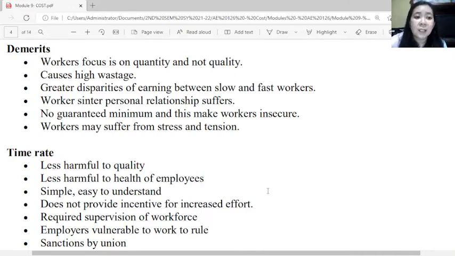Worker personal relationships will suffer because of the competition that may exist. There is no guaranteed minimum, and this makes workers insecure. Workers may suffer from stress and tension. So those are the setbacks or disadvantages of this type of wage plan, piecework.